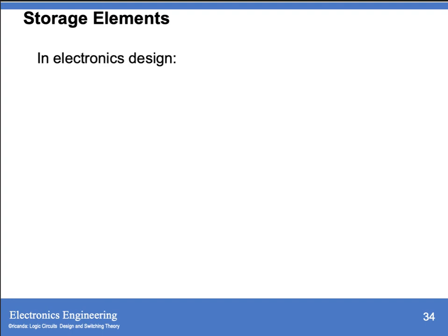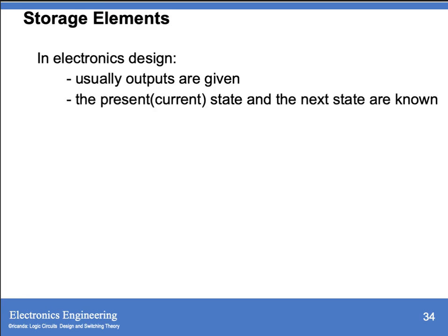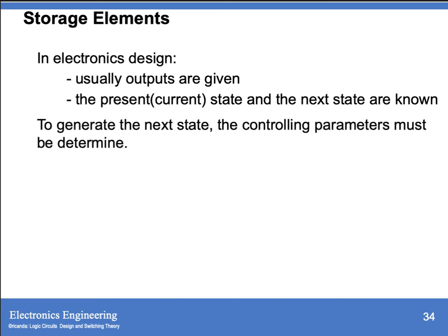So in electronics design, usually outputs are given. Then the present state and the next states are known. To generate the next state, the controlling parameters must be determined.